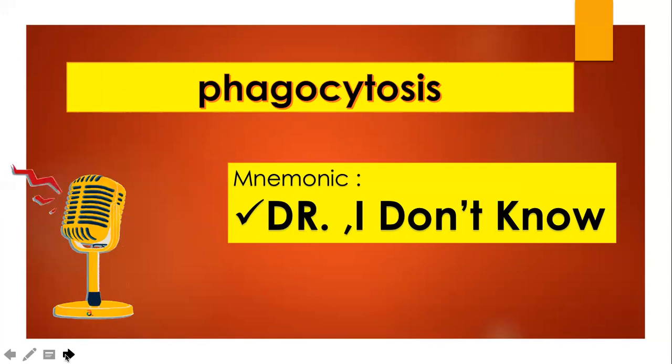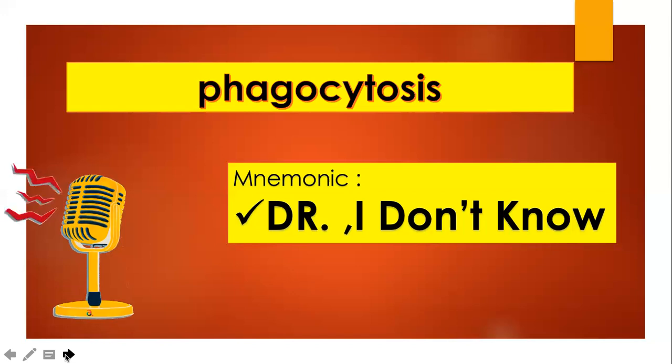There are 5 important steps for a phagocyte to finally kill a microorganism that is invading the body or the immune system of the host. So the first one is directional motility. So there is movement. It can be through chemotaxis or it can be through diapedesis. So that is directional motility.